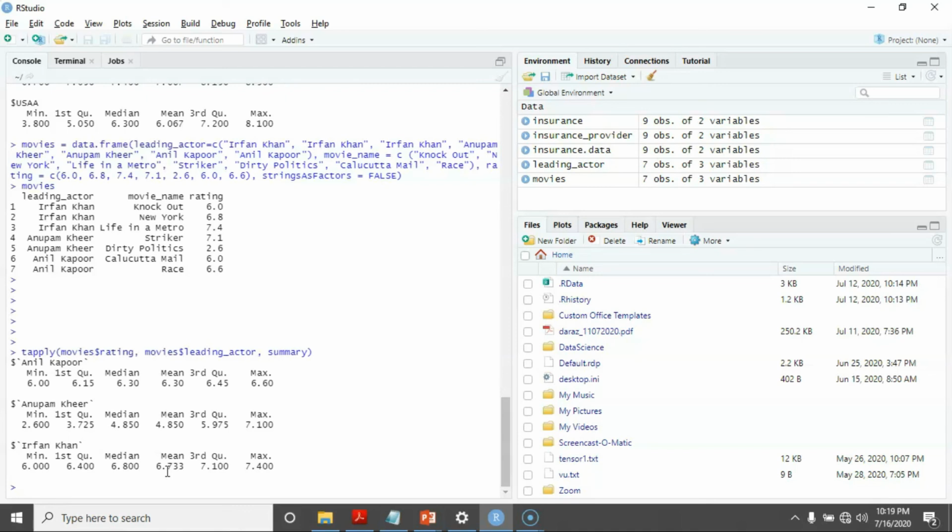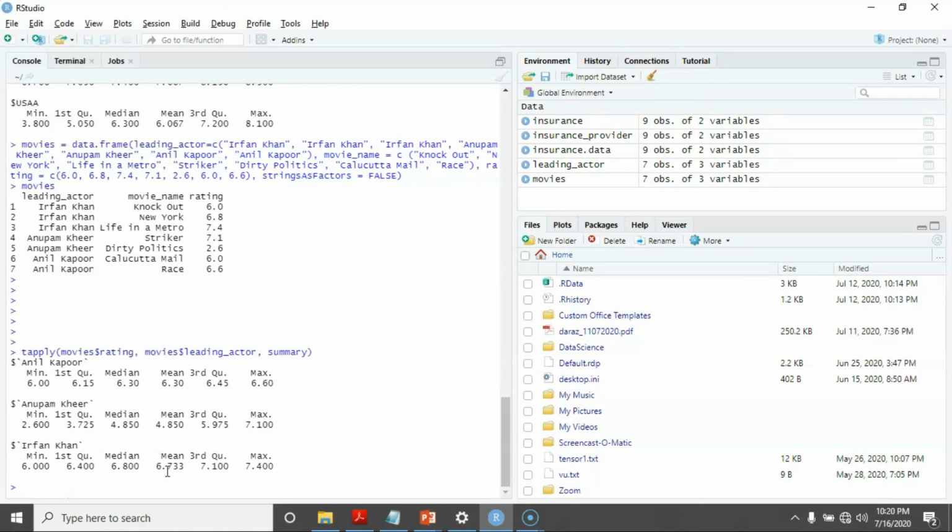If you watch Anil Kapoor, it will be 6.0 as well. But the mean and the maximum are relatively more than those of Anil Kapoor. So it is quite preferable to watch an Irfan Khan movie than an Anil Kapoor movie.